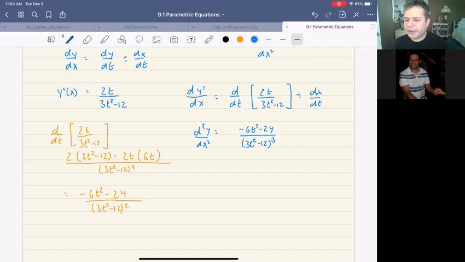Now one thing I'm going to do is simplify this so that I can look at the concavity. So I'm going to factor it out. Let's factor out this negative 6, t squared plus 4, sorry.